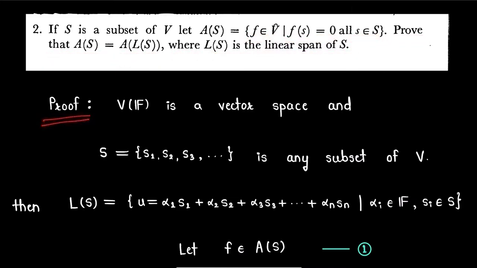Proof. Here V over F is a vector space, and let us consider that our vector space V is infinite. For more generality, I have considered the set S of vector space V as an infinite set. We may consider a finite set also, and the same result will follow. So let S be any infinite subset of vector space V consisting of vectors S1, S2, S3 and so on.